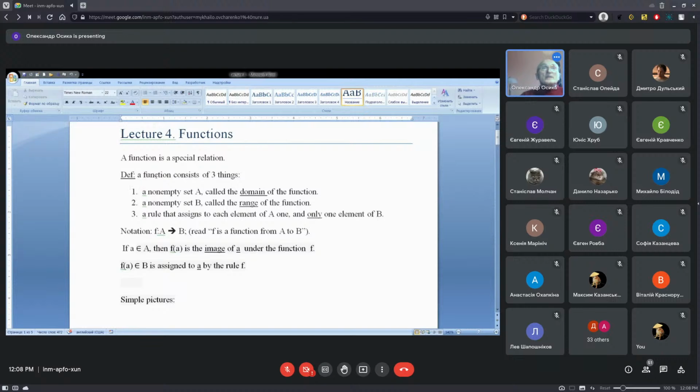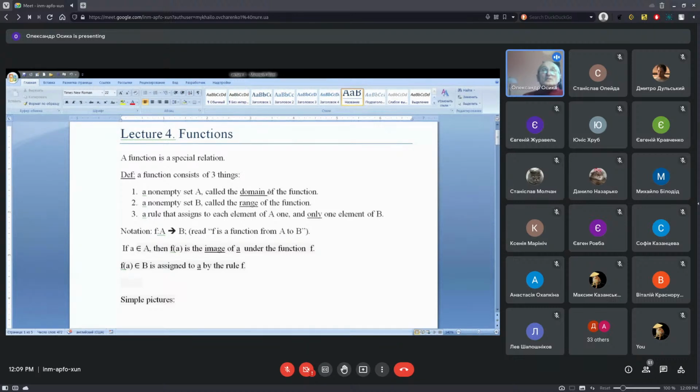Definition. A function consists of 3 things. First, a non-empty set A, called the domain of the function. Second, a non-empty set B, called the range of values of the function.